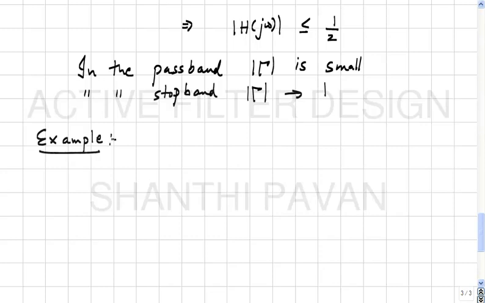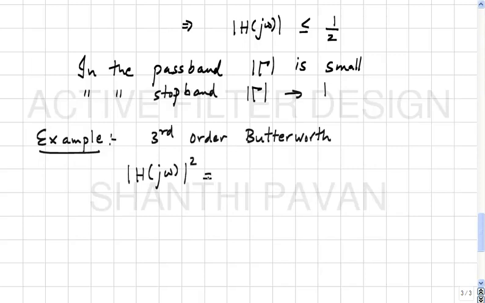So, in other words, let me now take an example. Take for example a third order Butterworth network. What is mod H of j omega squared? The original stuff we started off with was 1 by 1 plus omega to the power 6.